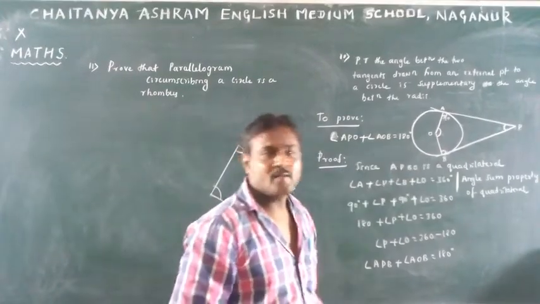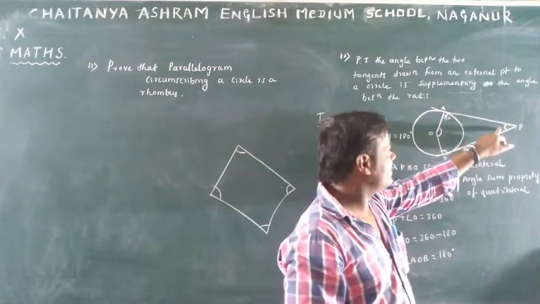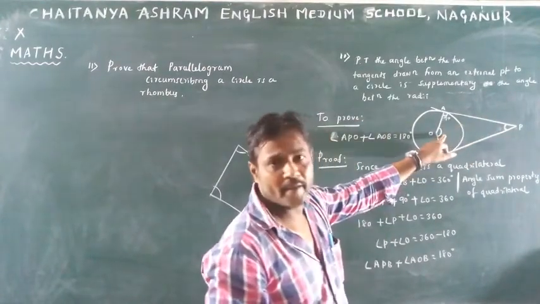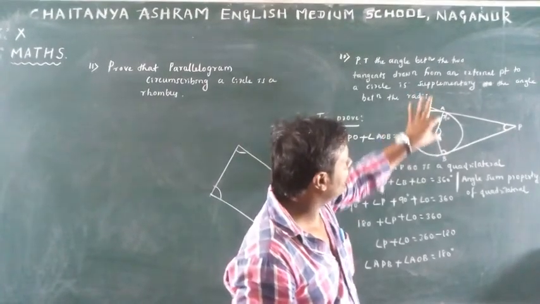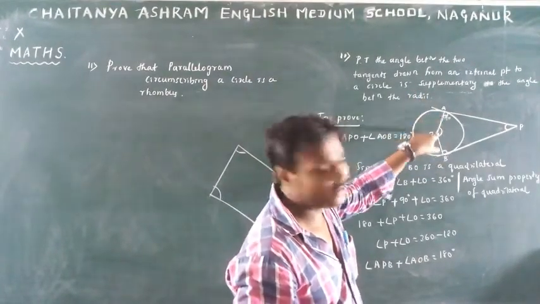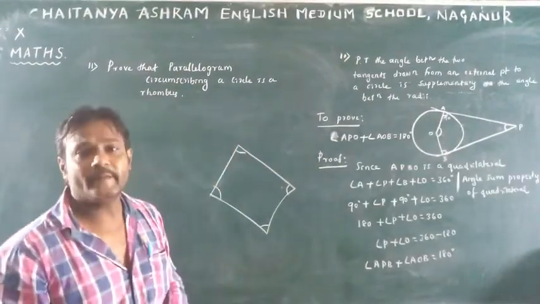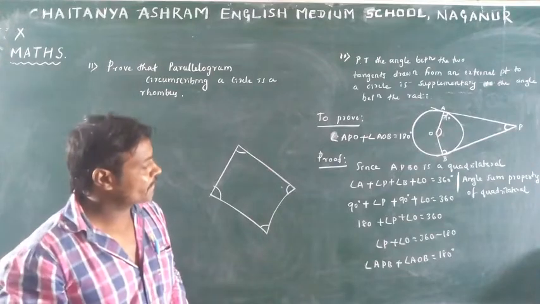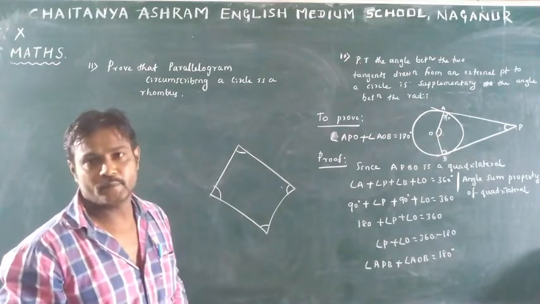The angle between the tangents is supplementary to the angle between the radii. Those radii should be drawn from the points of contact. Clear? This is the proof of that 10th question. So dear children, again pause the video and write the proof.